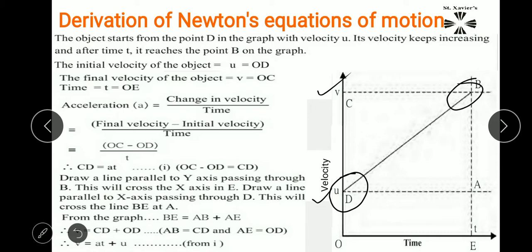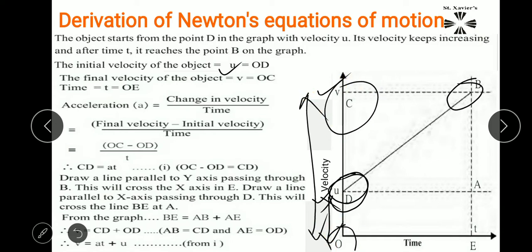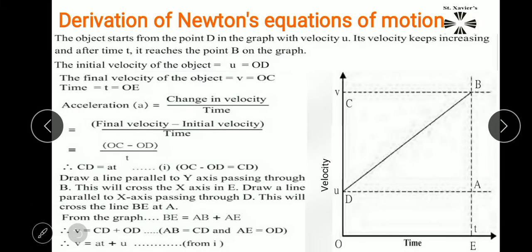So initial velocity u is given by OD, so u is equal to OD, and final velocity v is equal to OC.